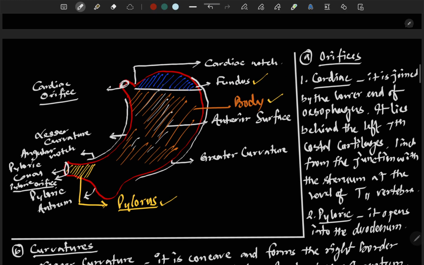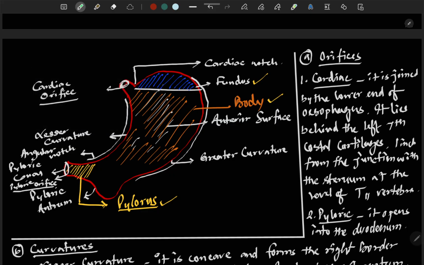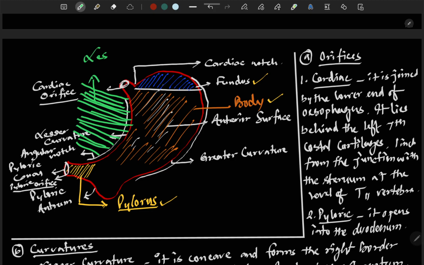See here, the lesser omentum attaches here. Okay, this is the lesser omentum.